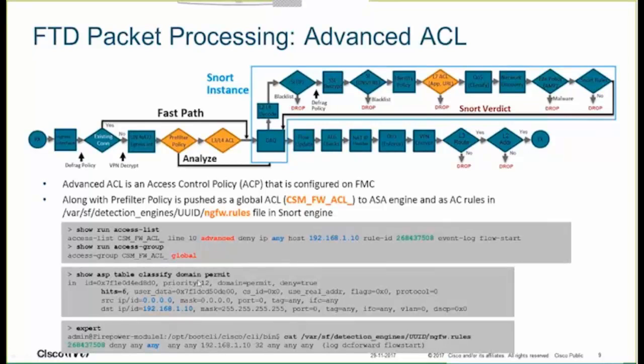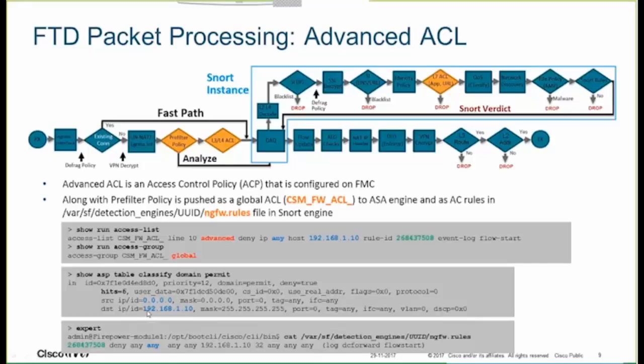If you check the ASP table classify domain permit, this is the programming that happens from the ASA code perspective. You can see that the source IP address is 0.0.0.0, the mask is 0, and the port is showing as 0 because we are matching at the IP level, and this is going to match any interface.